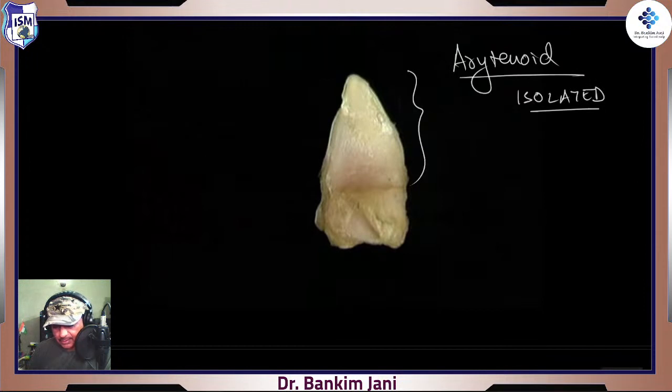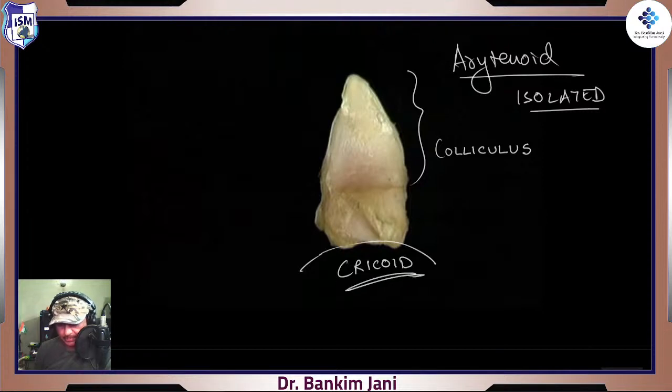This structure, which is projecting up, is what is called the colliculus. Colliculus, right? Simply this is something which will be sitting on the cricoid. This is the cricoid on which it is sitting, and this is projecting up, that is colliculus, sort of like the body, right?